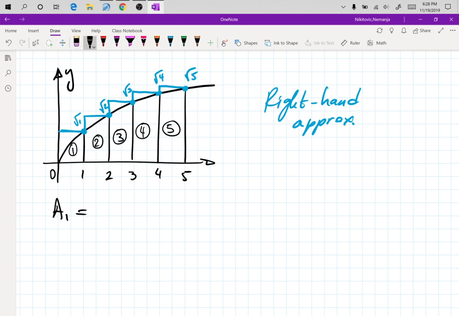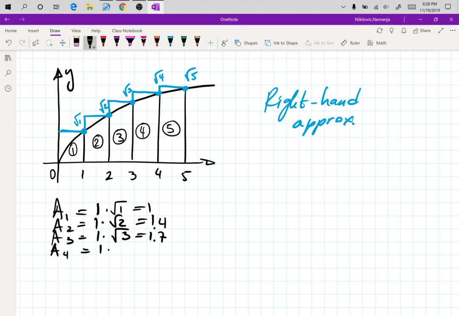Rectangle 1, rectangle 2, rectangle 3, all the way up to 5. Area 1: the width is 1, because it's between 0 and 1, times square root of 1 is 1. Area 2 is 1 times root 2, which is 1.4. Area 3 is 1 times root 3, which is about 1.7. Area 4 is exactly 2.